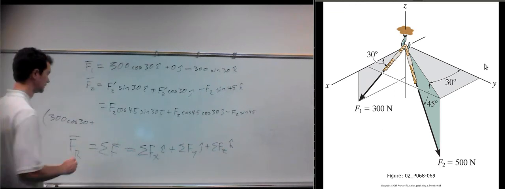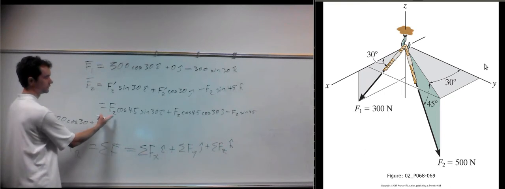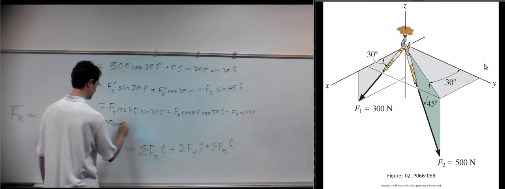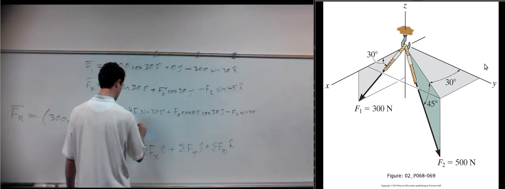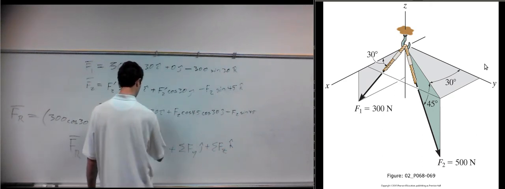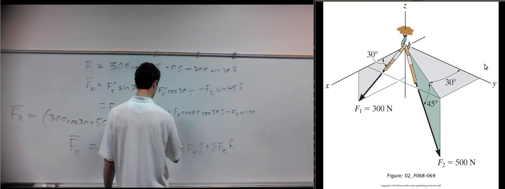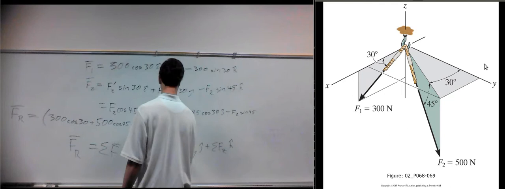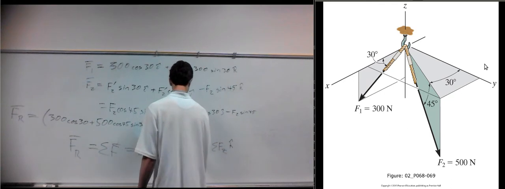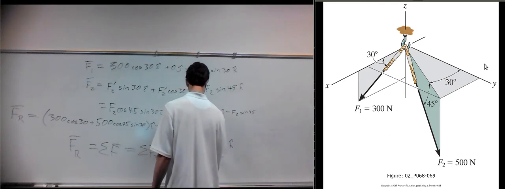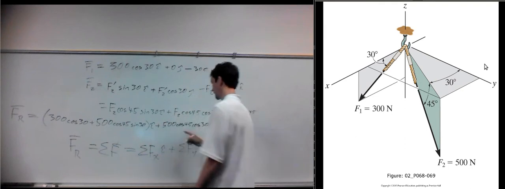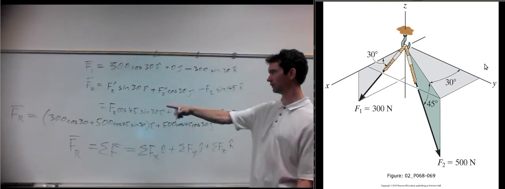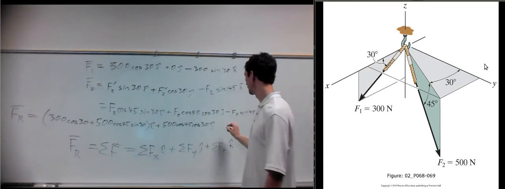It's 500. So now I'll substitute in 500 for F2. And then the y component for F1 is 0, so it's just F2 times cosine 45 cosine 30. So the y component of the resultant is just the y component of F2.